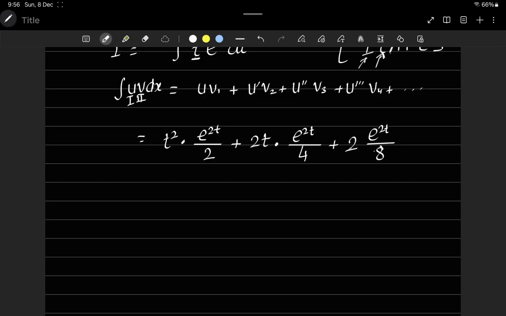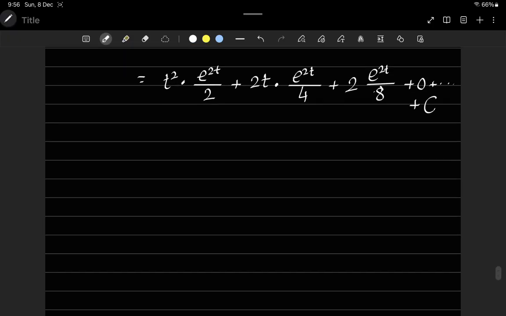Again, for u triple dash, the differential of 2 is 0, so after that everything will be 0. So here our differentiation and integration terminate. We need to add the constant of integration here.